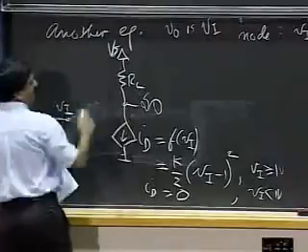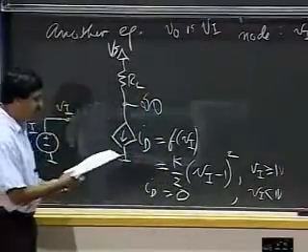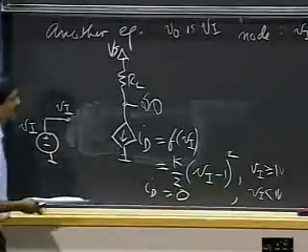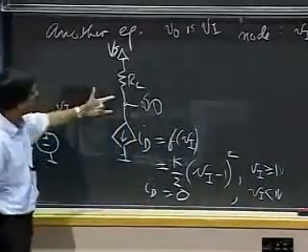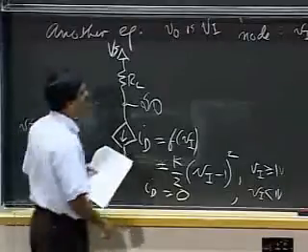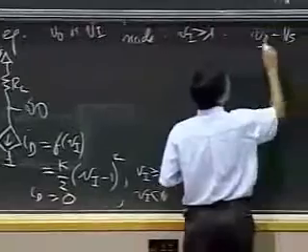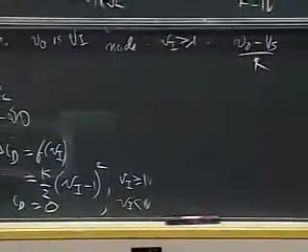So the current going up, let me simply equate the current going up to the current that has been supplied by this particular node here, and the two of them should sum to 0. The current going up plus the current coming down should sum to 0. So I get V0 minus Vs divided by R. That's the current going up.